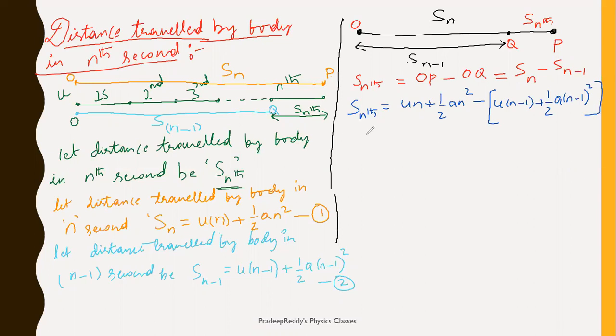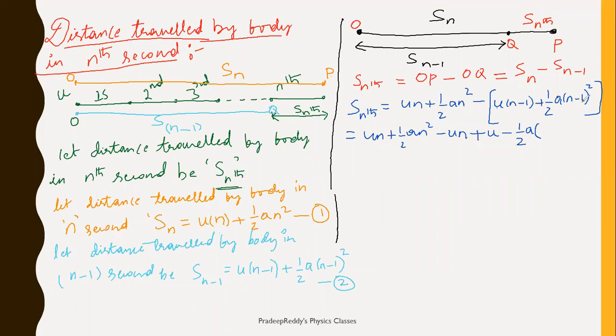Now this is equal to un plus half an square minus un, plus u, minus of minus becomes plus u, and minus of plus becomes minus half a into n minus 1 whole square.